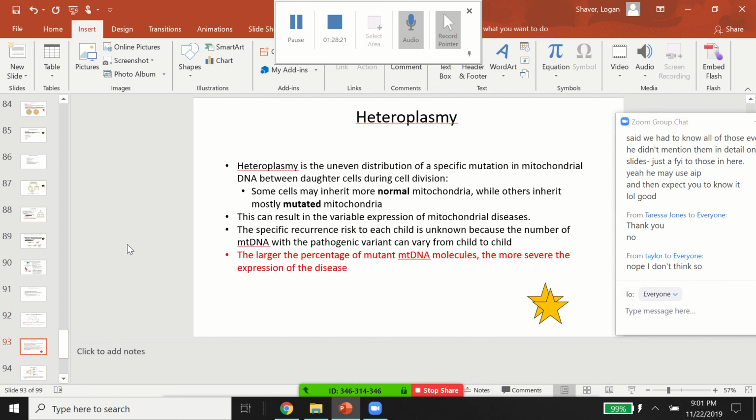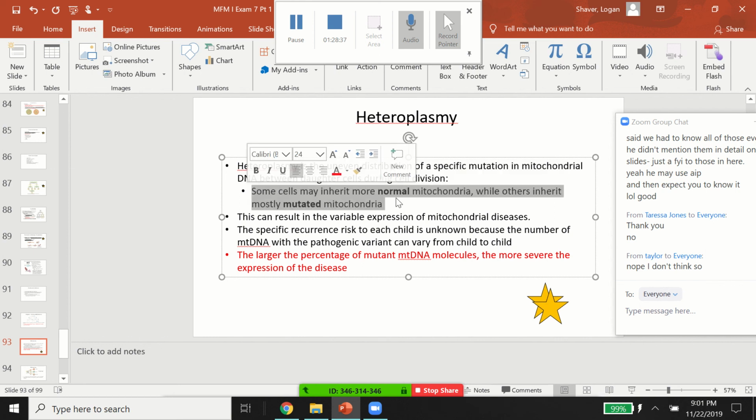All right, heteroplasmy, okay, so it's uneven distribution. So what is that? Uneven distribution of a specific mutation in mitochondrial DNA between daughter cells during cell division. The thing to note is that some cells may inherit more normal mitochondria, while others inherit mostly mutated mitochondria. If you remember from the structure of a cell, there are multiple mitochondria within a cell.